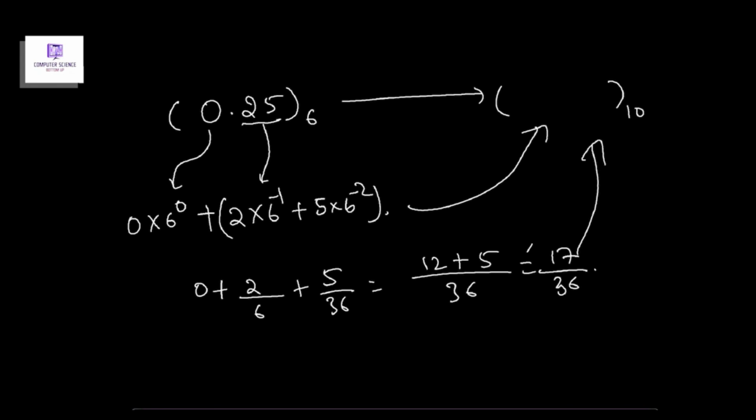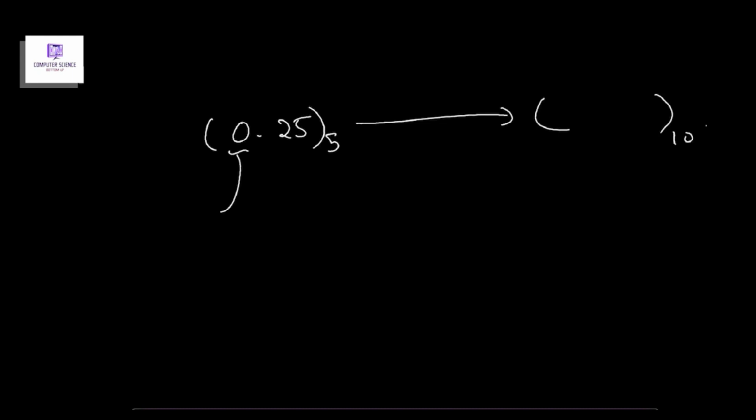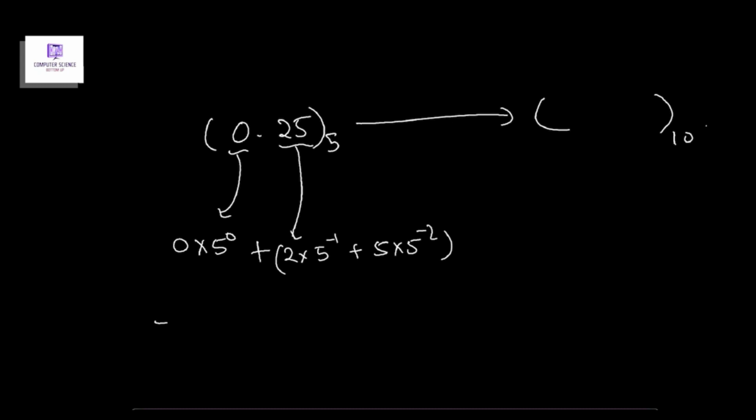Let's take one that will give you a complete answer. So let's take 0.25 in base 5 and find the decimal equivalent of it. How will you do it? Just expand it. 0 into 5 to the power 0, plus 2 into 5 to the power minus 1, plus 5 into 5 to the power minus 2.